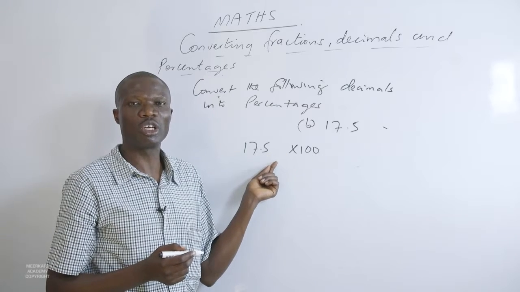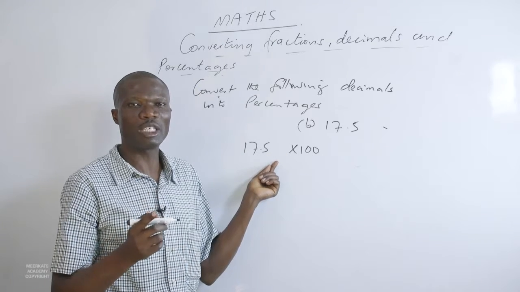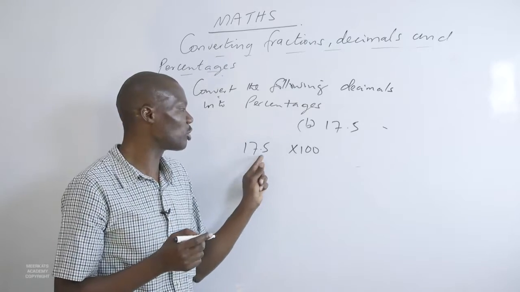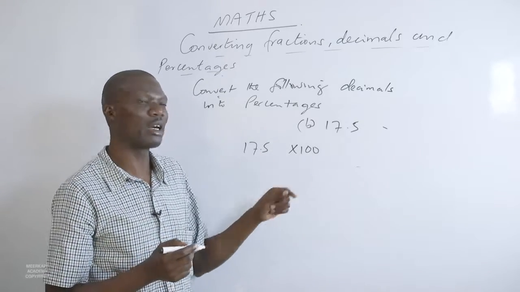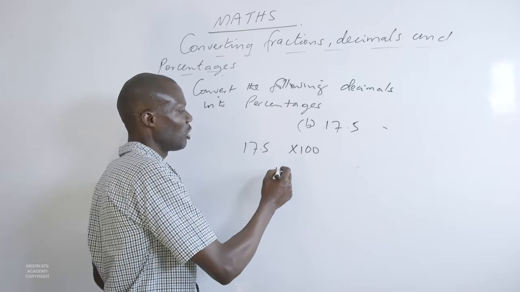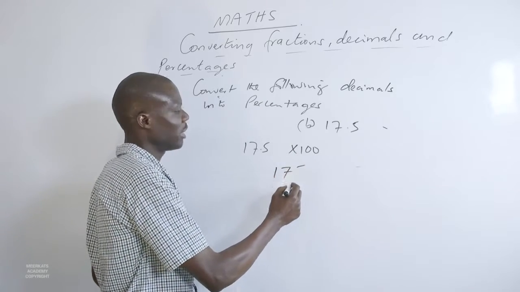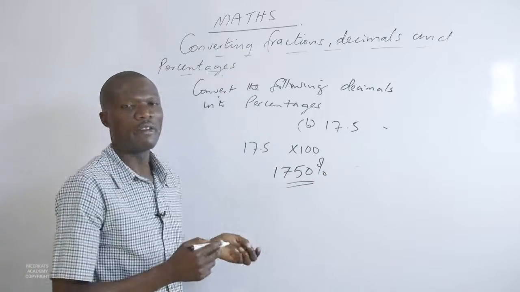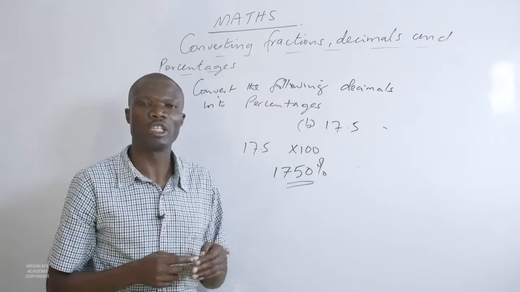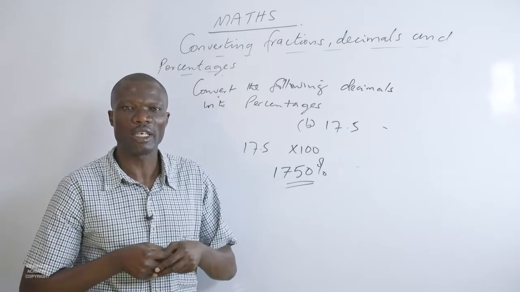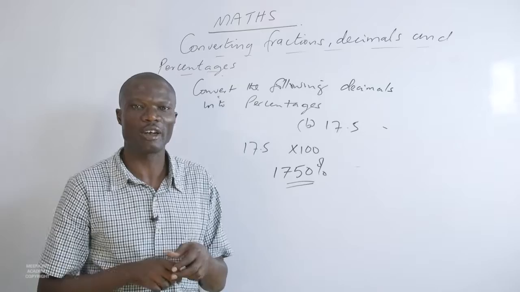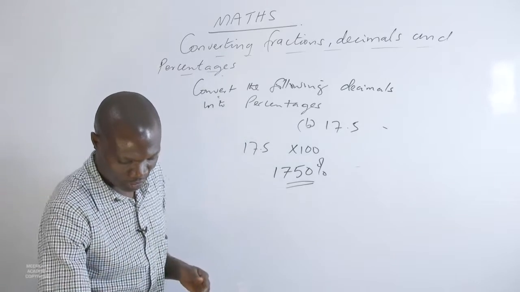We have to move into a space. That means we add a 0 after the last digit, so that we exhaust the 2 steps required. So this one becomes 1,750%. Therefore, 17.5 is the same as 1,750%.